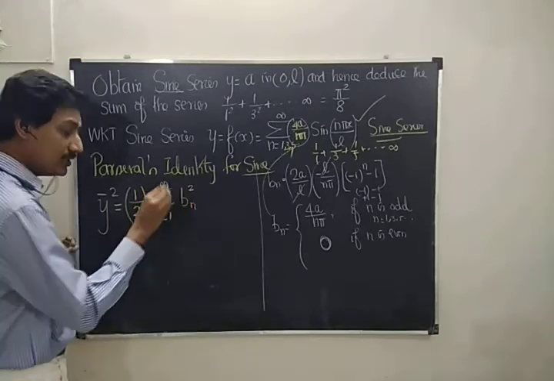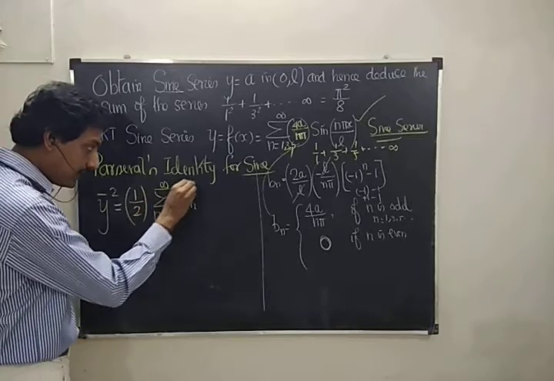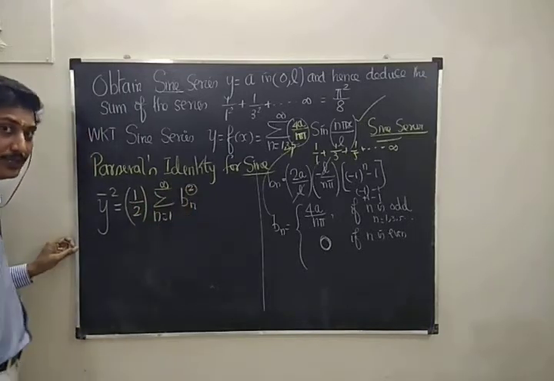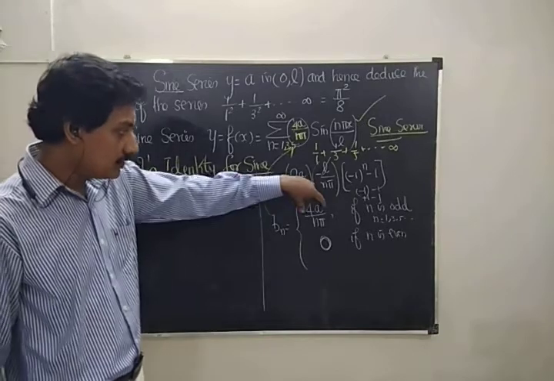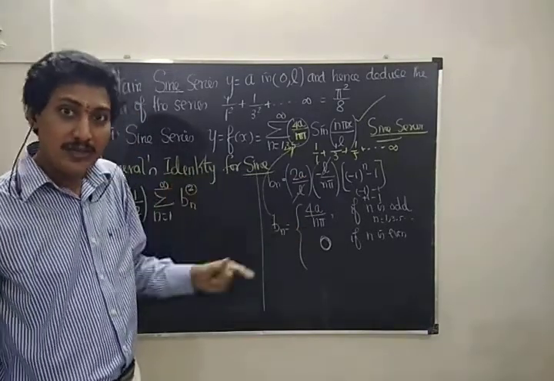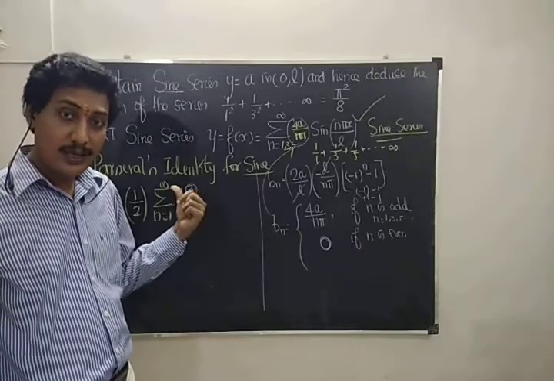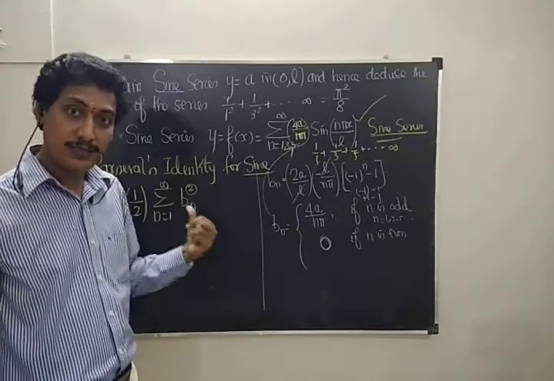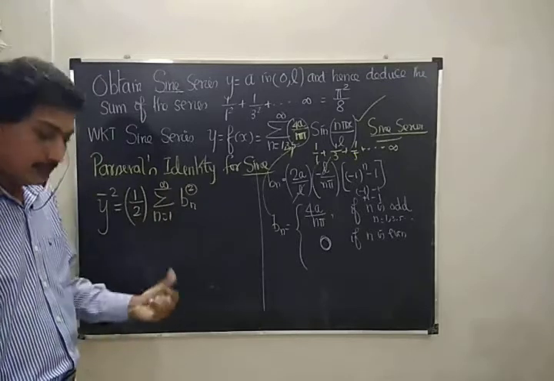Why did I choose this? Because we can square the coefficients. That's bn. Once we square this coefficient, this becomes n square. So that will generate the required series. That is the actual concept behind the Parseval's identity.